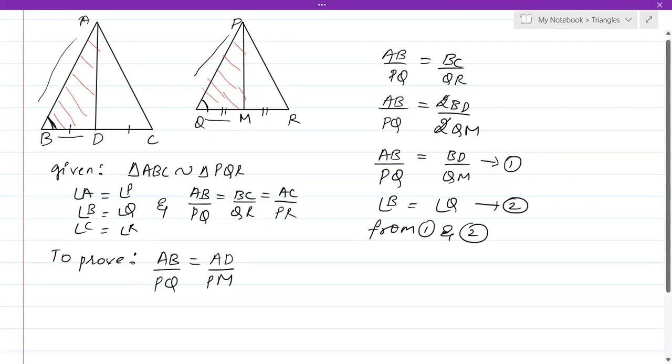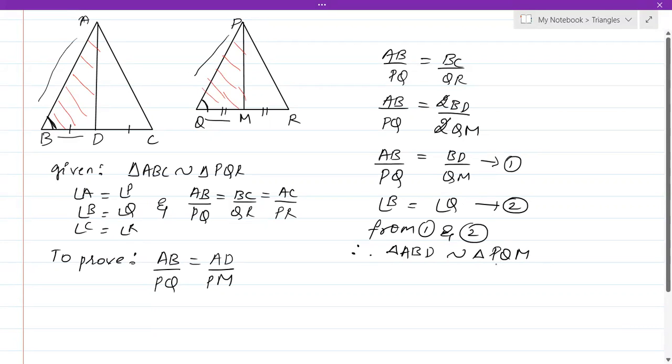Observe, AB, BD in the numerator, PQ, QM. The sides containing the angle are in ratio, proportion, and the angle is equal. Therefore, triangle ABD is similar to triangle PQM.